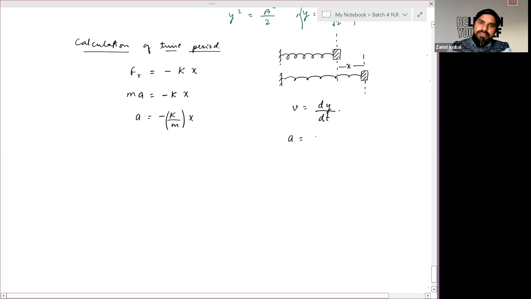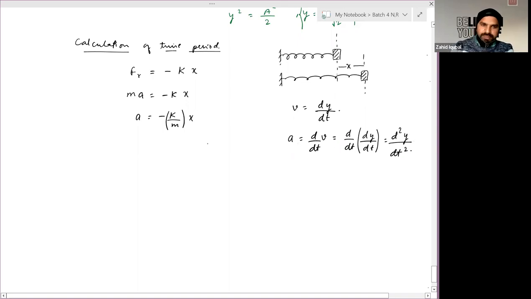So acceleration is the differentiation of velocity. If you put the value of v as dy by dt in this part, you will get the second derivative of displacement with respect to time.